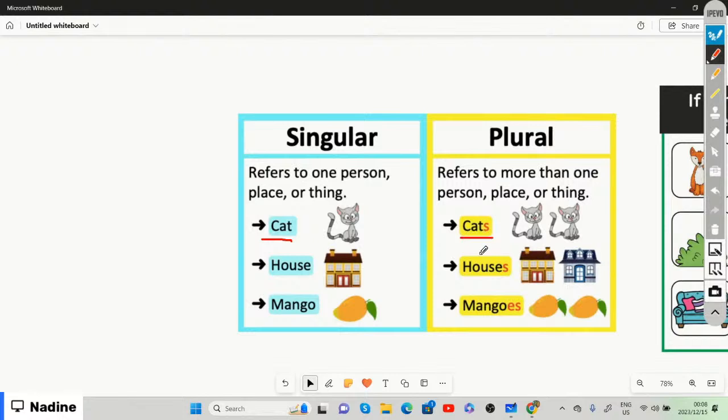Cats means there is more than one. Same with house. This is one house that we can see, only one. But the plural form of house, meaning there's more than one, is houses.